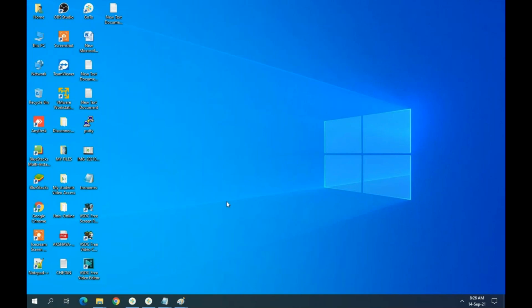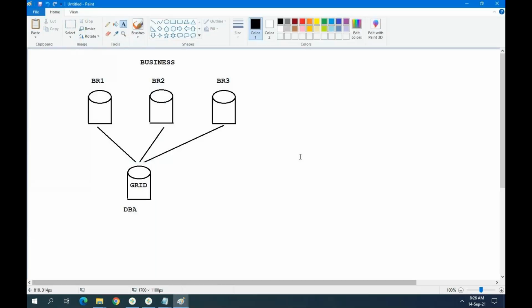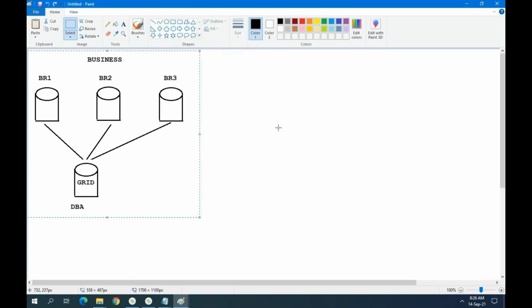In any business, we can see two types of databases. Let me keep this diagram here.